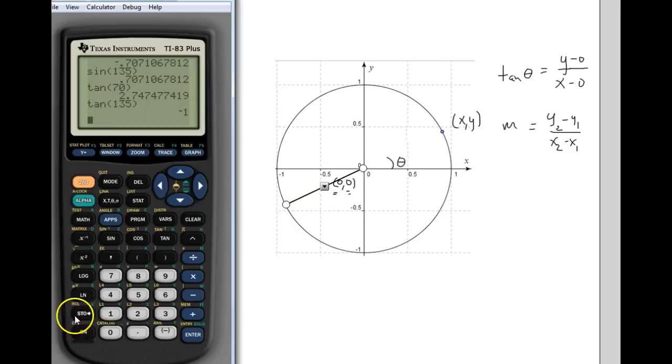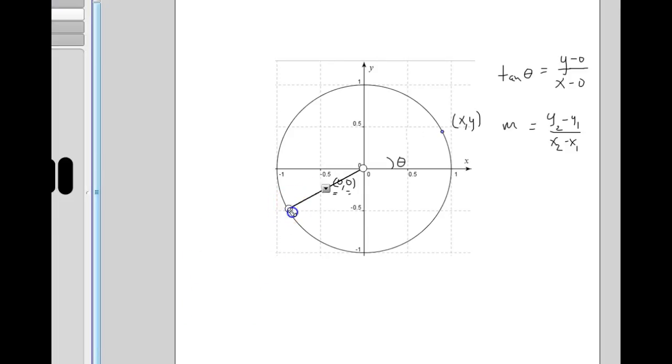So if I pick something bigger than 180 degrees, like the tangent of 190, I'm back to a positive slope again. Okay, and then finally I go into the fourth quadrant.